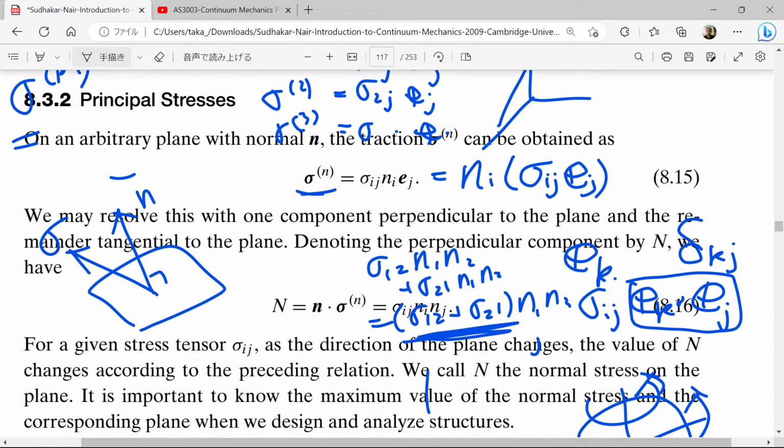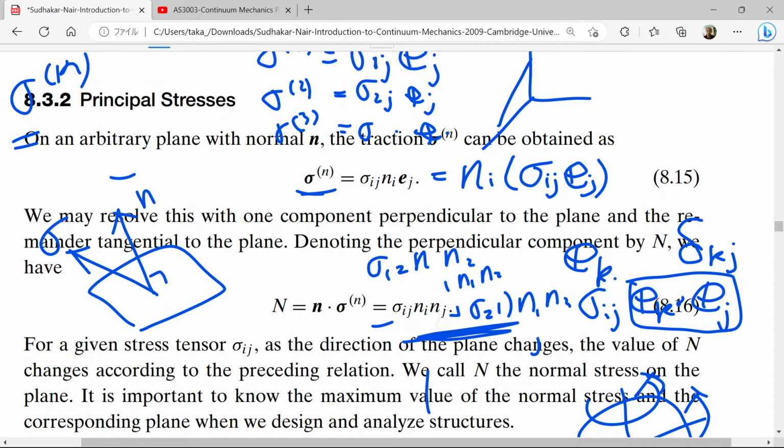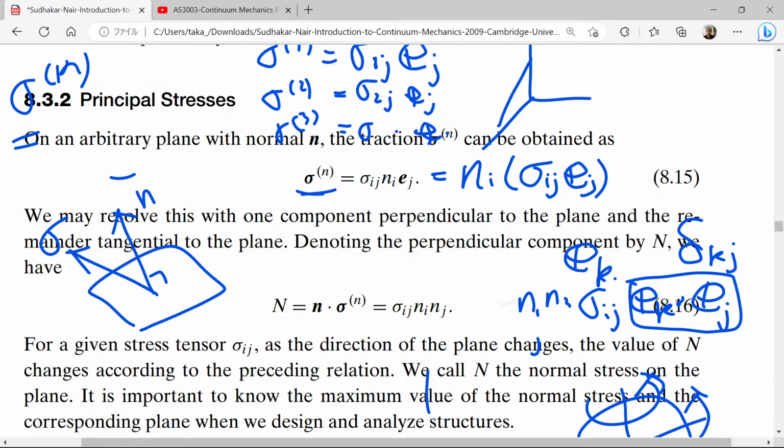So each of them, I'm not so sure. Sigma n, sigma n.